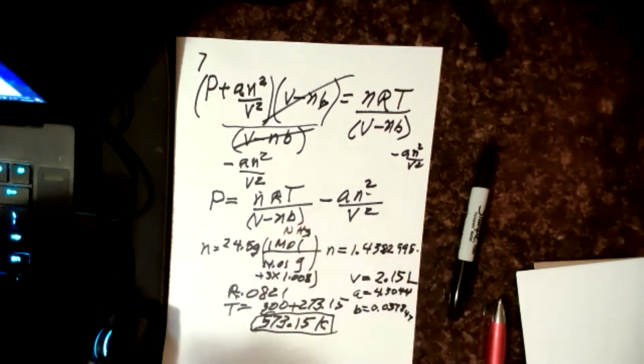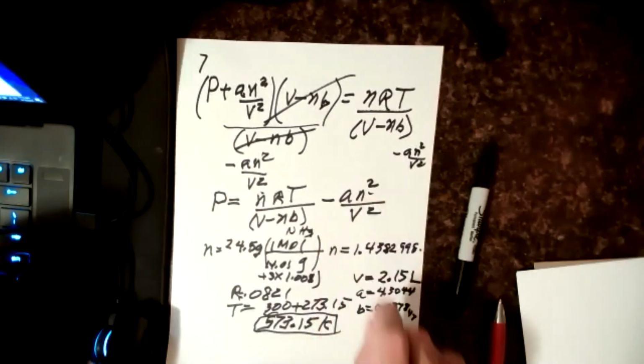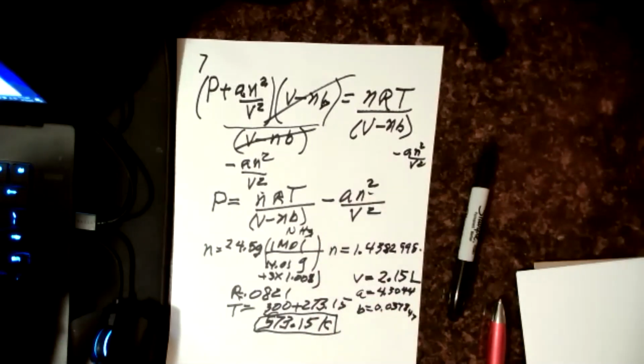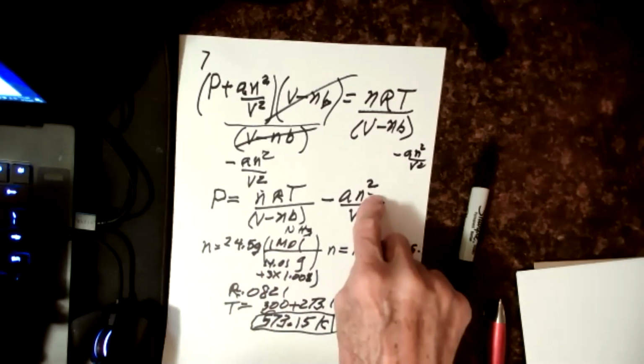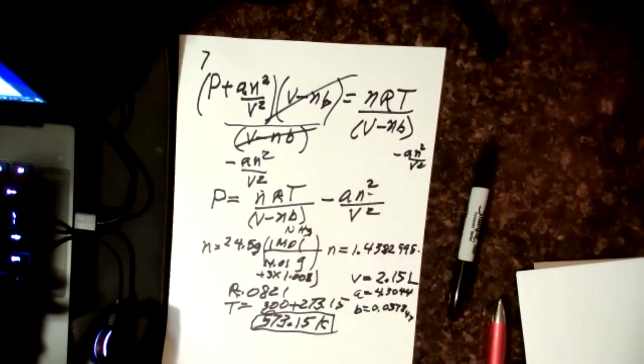Now I'm right there. I need to close that parenthesis. And now I need to subtract. A is 4.3044, times n, which is in my answer key, so second answer squared.